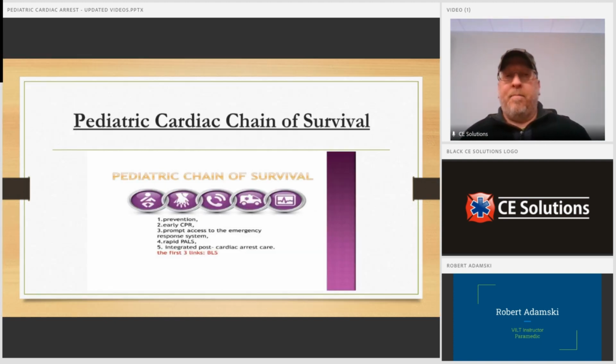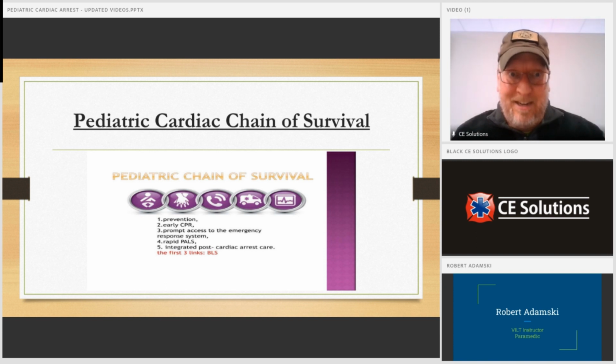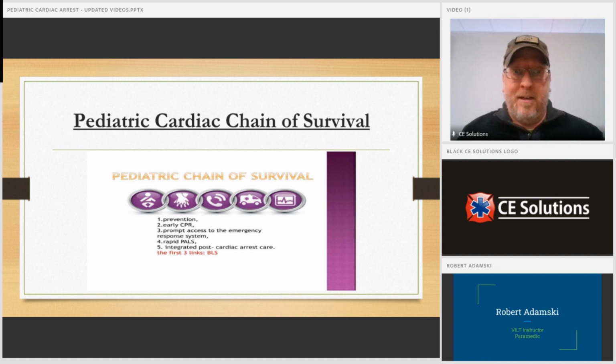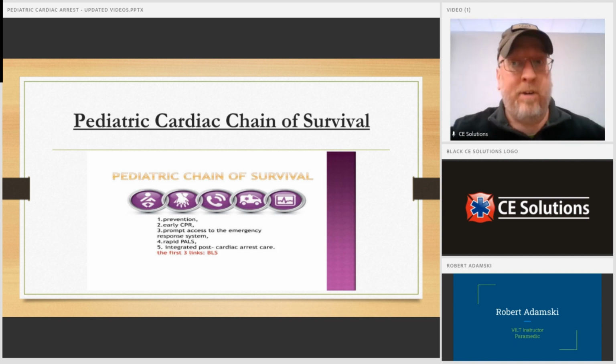Now, we're going to discuss the pediatric chain of survival. It's a 5-step process that has been shown, if done correctly, quickly, efficiently, and consistently, to be the best way to give that infant or child the best chance at regaining ROSC, return of spontaneous circulation, and surviving this life-threatening emergency known as cardiac arrest.